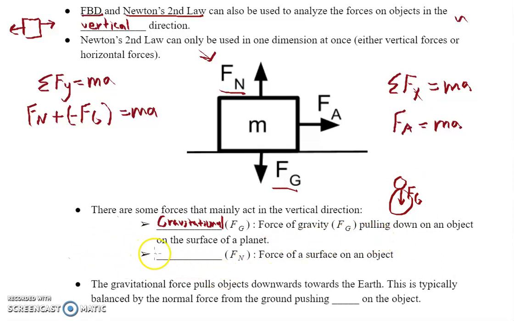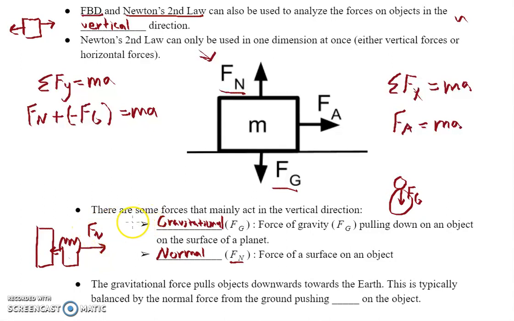And then there's this new force. It's called the normal force. It has the symbol F with the subscript n, and that's the force of a surface on an object. What that means is surfaces will actually have a force that acts if they're pushed. For example, if there's a wall and you push on the wall, you're going to get a normal force back from that surface, from the wall.